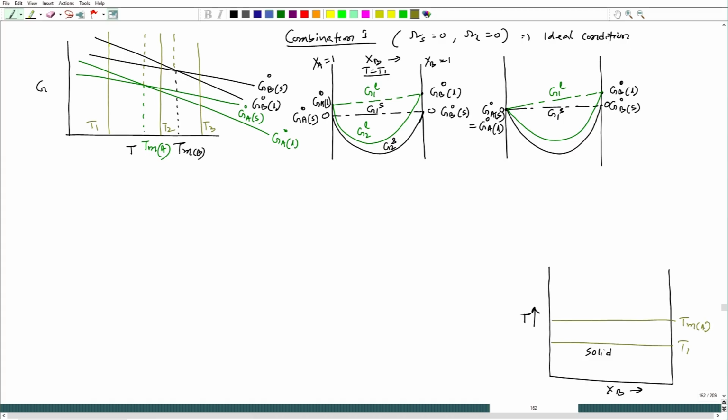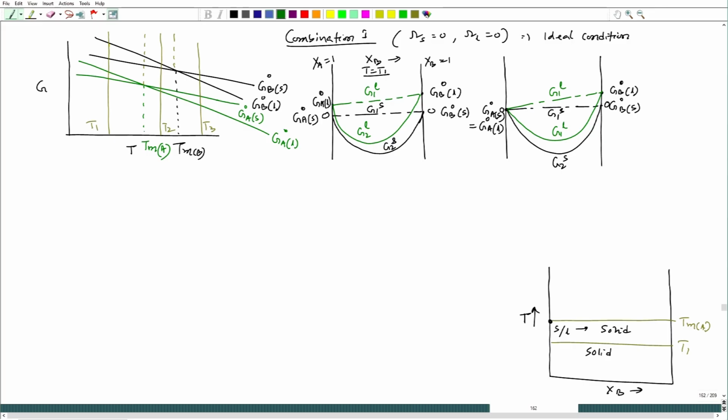This is the temperature I am talking about, TMA. At this location we have both solid and liquid in equilibrium, the pure metal A side, and at the rest of the places solid is stable. For all the other compositions, the solid solution would be stable, because this is G2 solid and this is G1 liquid.